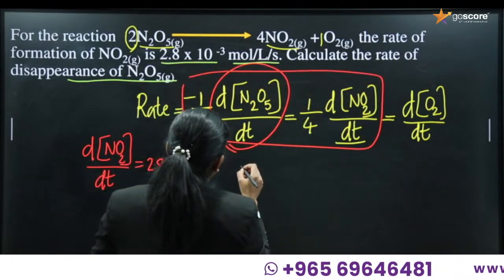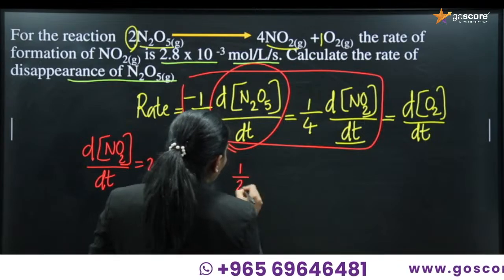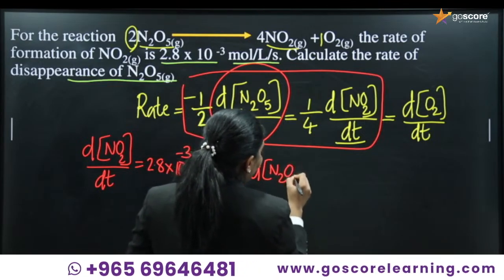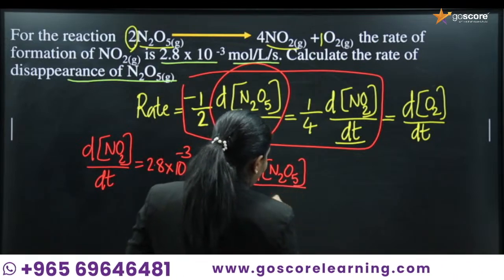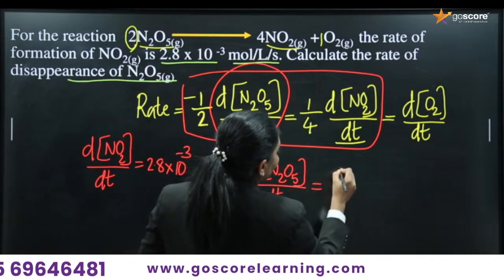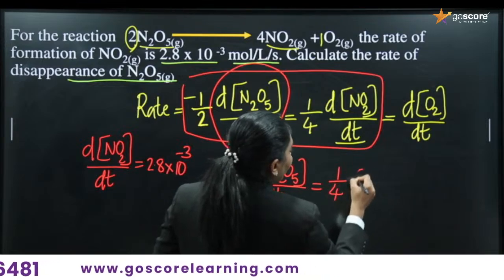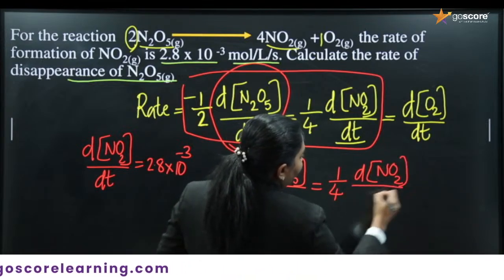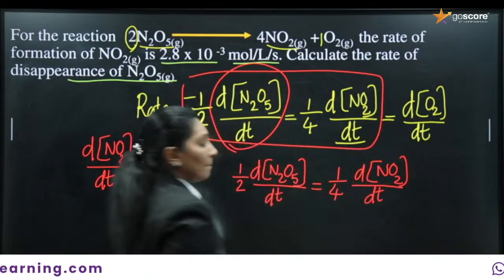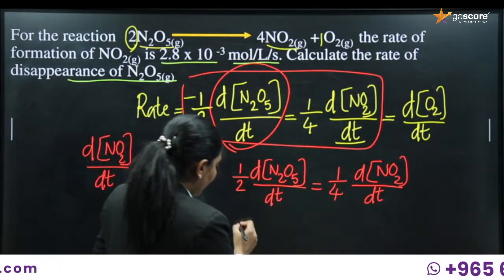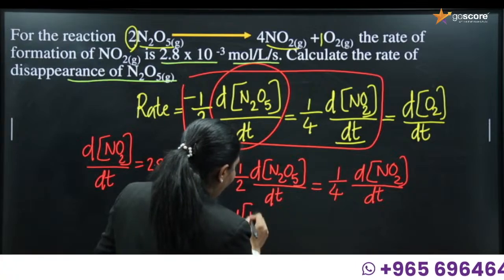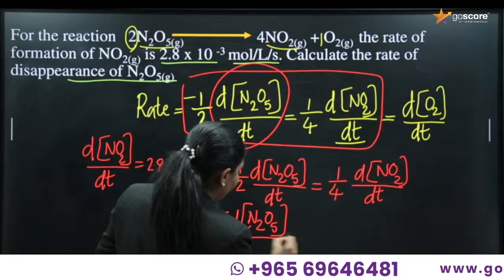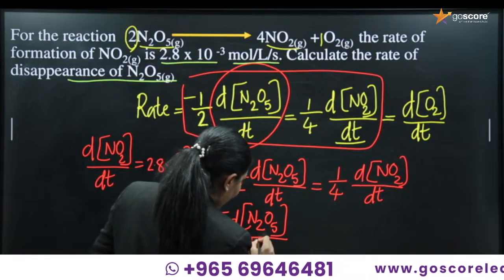So we can rewrite it as 1 by 2 dN2O5 by dt is equal to 1 by 4 dNO2 by dt. Okay, so you want to find out this one, that is minus dN2O5, the disappearance of dinitrogen pentoxide.